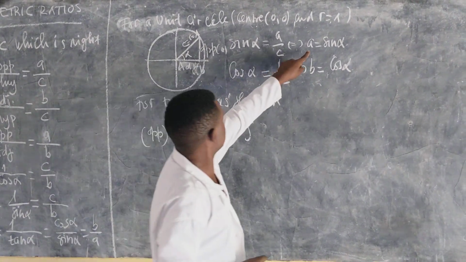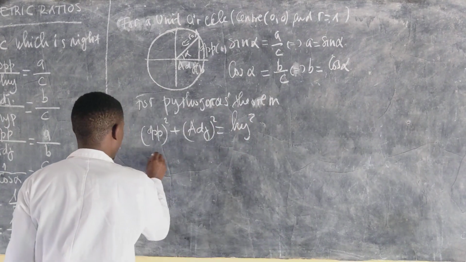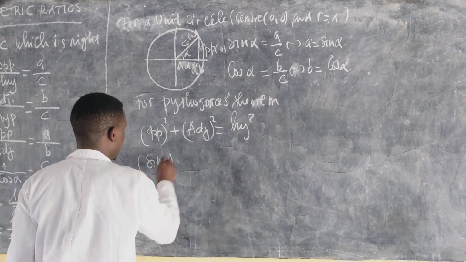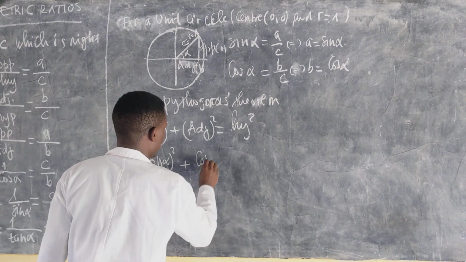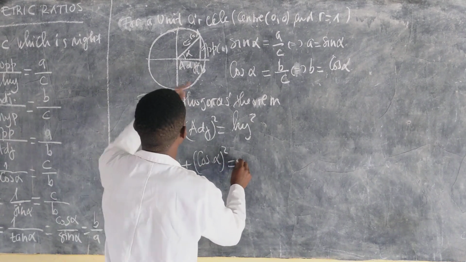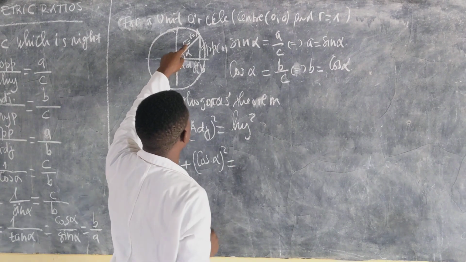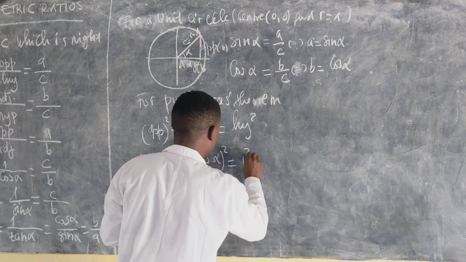Since A is the adjacent and is equal to sine alpha, we have sine of alpha square plus cosine of alpha square, which is equal to C square, and C is equal to 1.